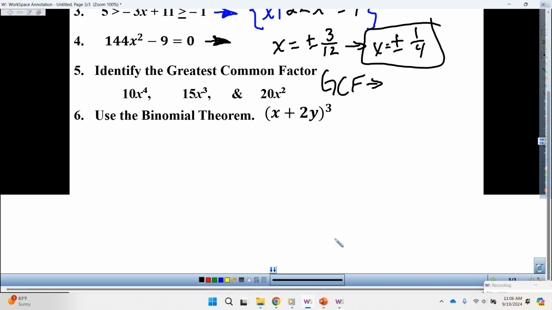Renzo's not here. Me? Okay, and I pass it to Edwin. What'd you get for number 5? 5x squared. Hands if you got that. That is correct. 5 divides all the numbers, and each of these have at least an x squared.